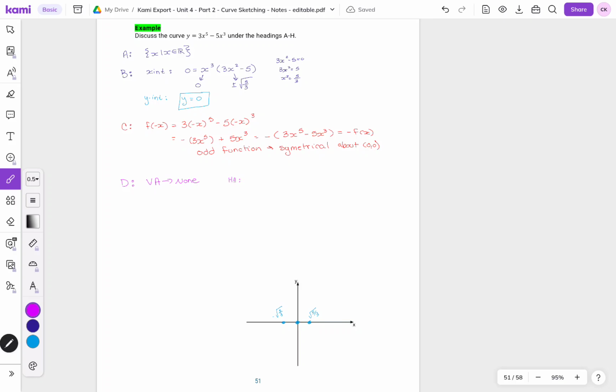We're going to see what happens when our function goes to infinity. So we're going to do the limit as x approaches infinity. We're going to do the factored form. So we're going to have x cubed times 3x squared minus 5. Well, I'm going to have a large positive number times a large positive number. So that's going to go to infinity. So no horizontal asymptote on that side.